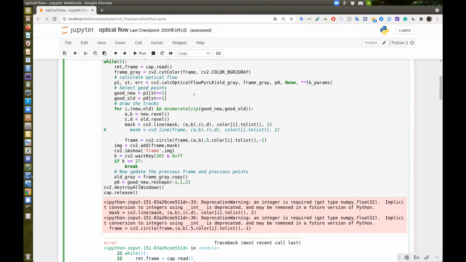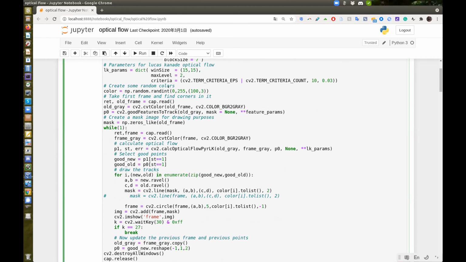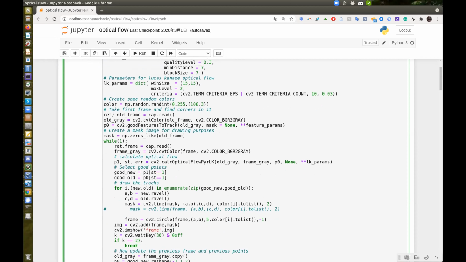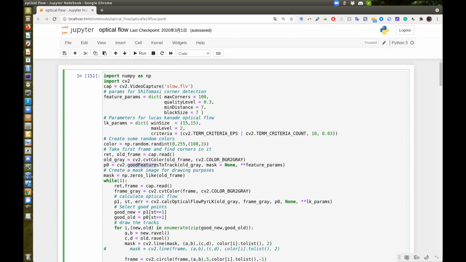For some reason it's quite slow. Here you can ignore that, it's just some visualization. The main thing is that I read the frame and convert it to grayscale. We use this OpenCV command here to get good features to track, and there are some parameters we put in earlier, like the number of corners, the quality level, and so on. For details you probably need to look at the API.